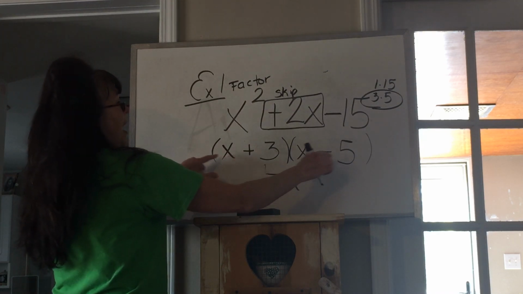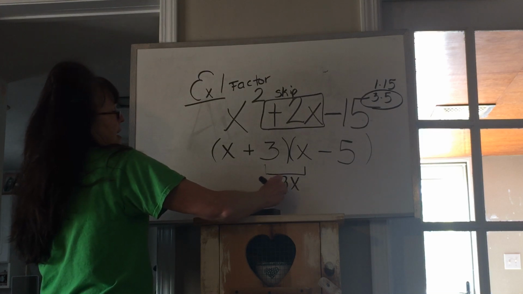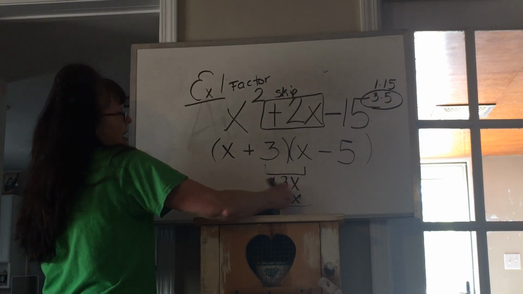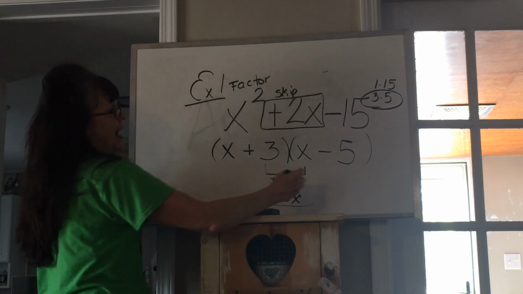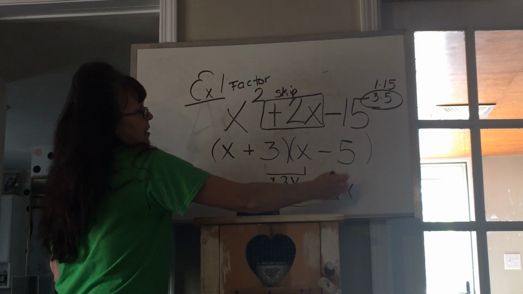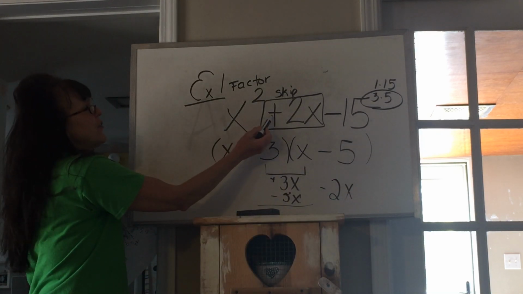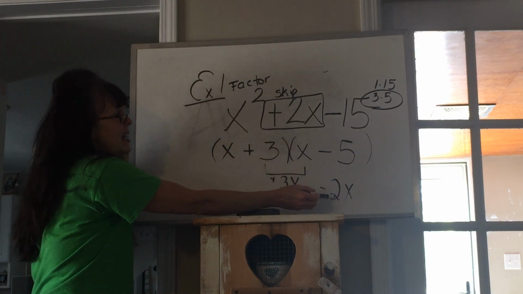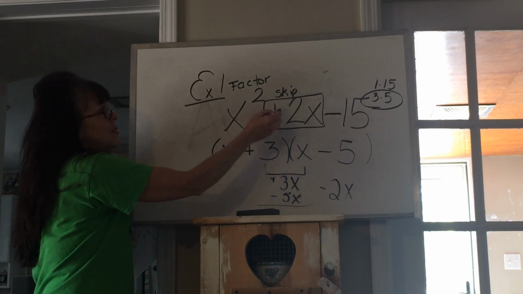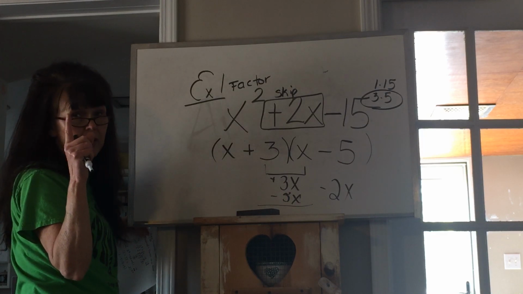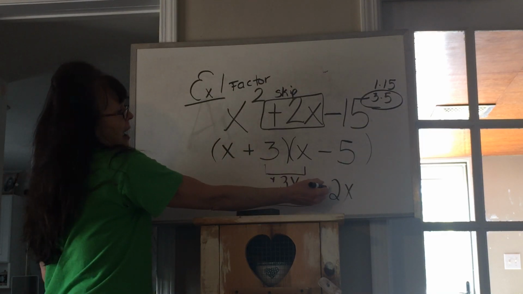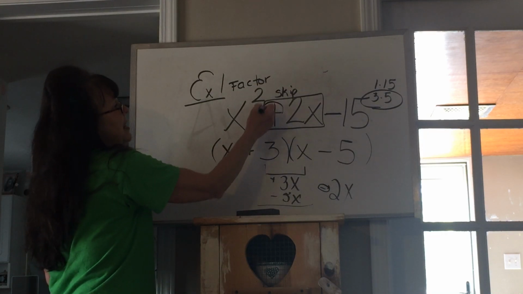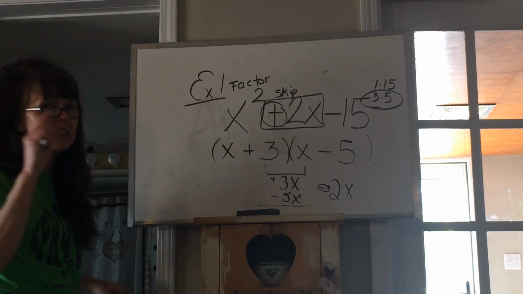X times negative 5. Well, that's negative 5x. And when you combine that, that gives you negative 2x, which is not what you have in the middle. This has to match the middle. It almost does. What doesn't match? The sign doesn't match. Easy fix.